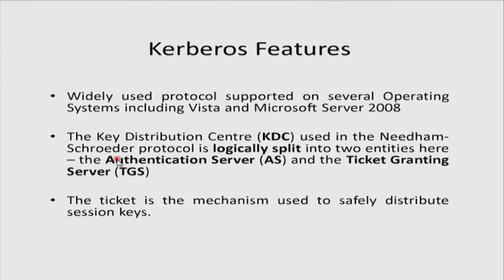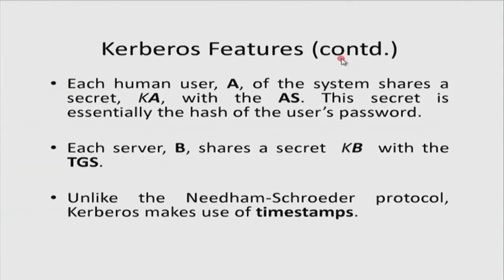The first entity is called the authentication server or AS and the ticket granting server TGS. So AS and TGS. Like before, the ticket is the mechanism used to safely distribute session keys. So I will authenticate myself to somebody, get a session key, and then use it for the duration of the session. So the same basic idea, but with some more frills.